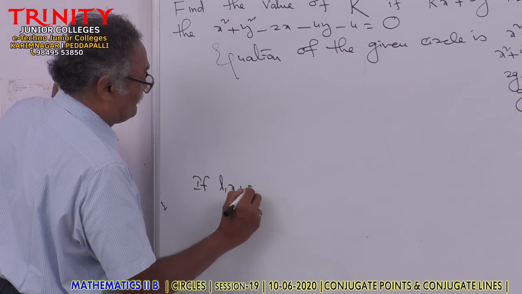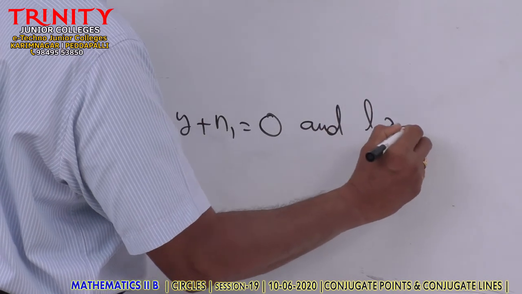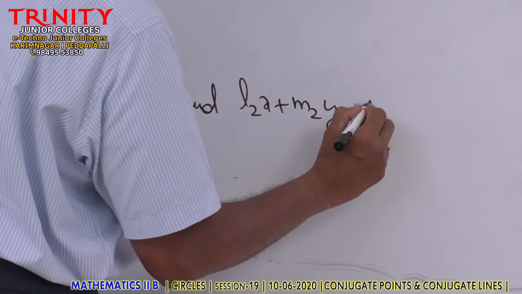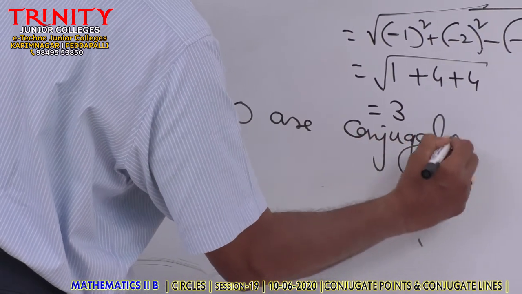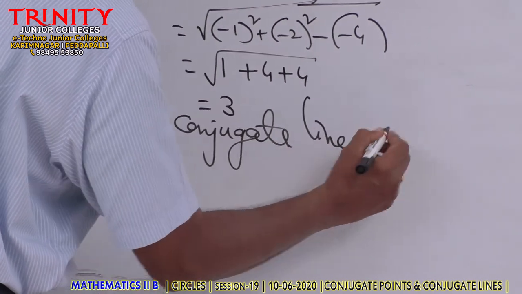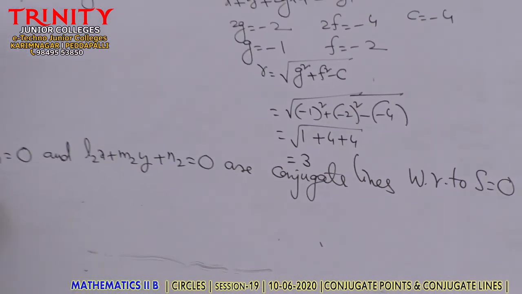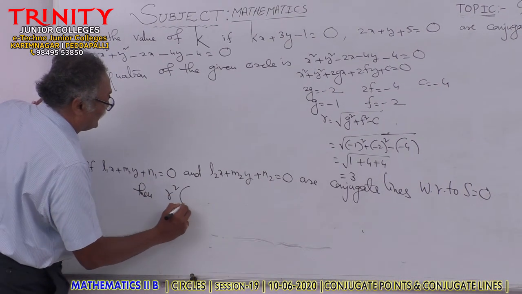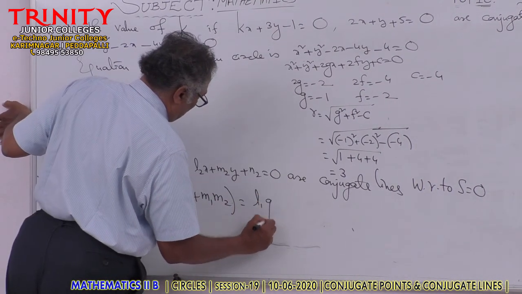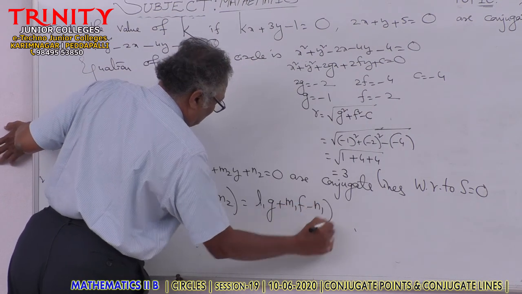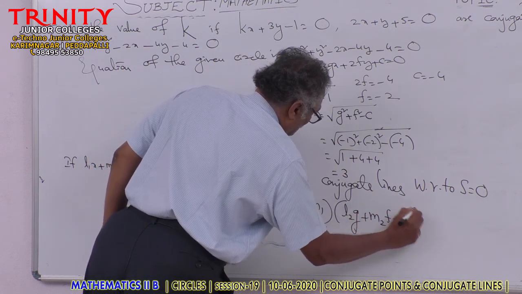If L1x plus M1y plus N1 is equal to 0 and L2x plus M2y plus N2 is equal to 0 are conjugate lines with respect to S equal to 0, then r square into L1 L2 plus M1 M2 equals L1g plus M1f minus N1 into L2g plus M2f minus N2.